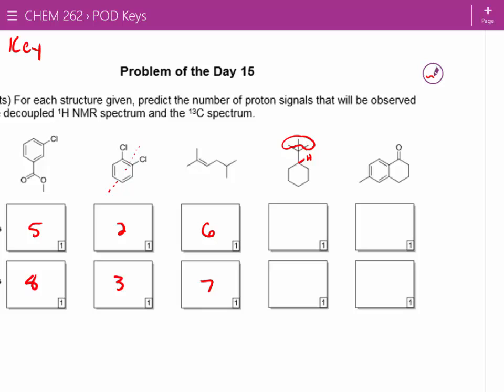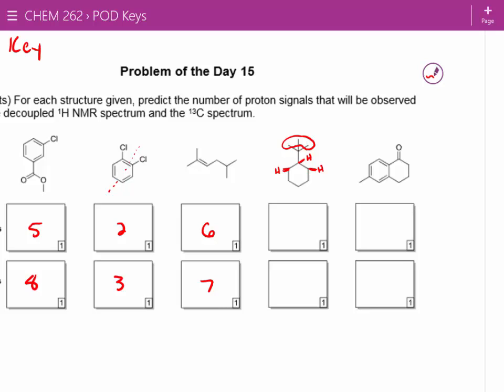All right, now let's move over. And if we look at this one, we've got a proton that's axial, meaning it's sticking up. Are these the same or different? Same. They're going to be the same, right? So if we look at it, this proton is in the exact same chemical space as this proton. They're both sticking up. What about the equatorial ones? Are they the same or different?